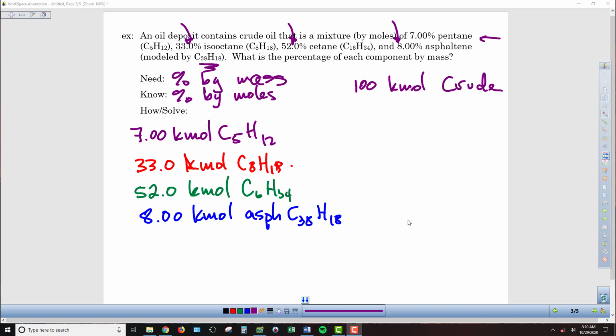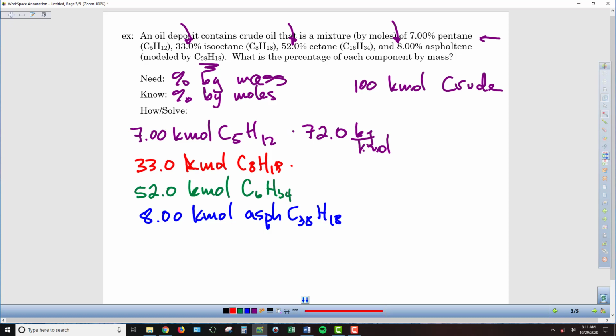Then we can take each of these and multiply them by their molar masses. If I know the molar amounts and I know the molar mass, then I can convert these to mass amounts, since that's what I'm looking for here. In the case of the pentane, I have a molar mass of 72 kilograms per kilomole.